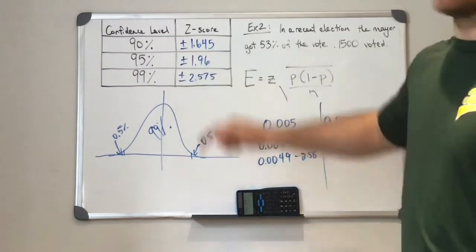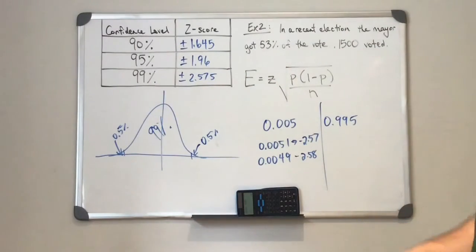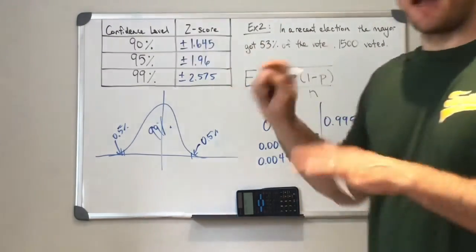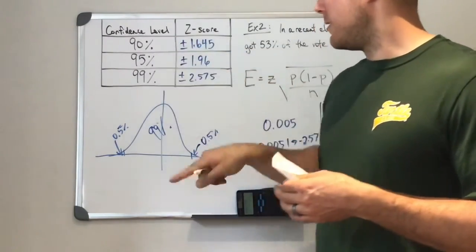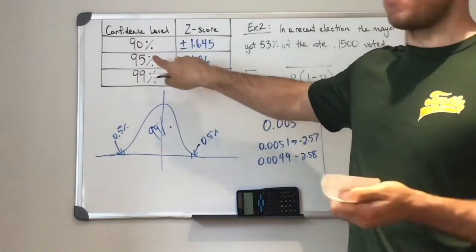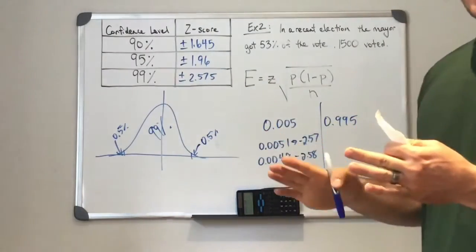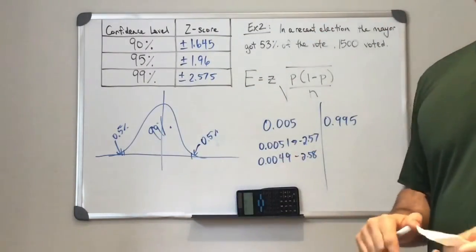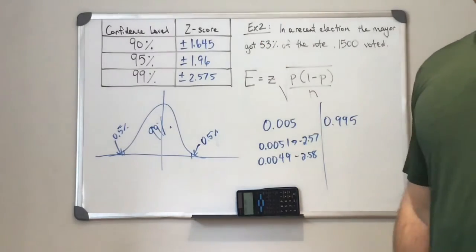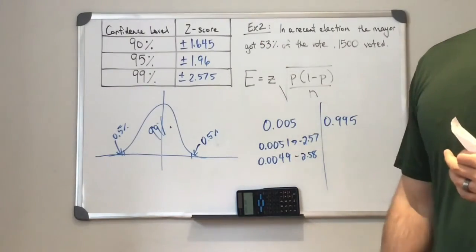So the 95% confidence interval, that one was exact from our table, and the other two we had to estimate. So just to go over it again, we're looking at the middle 90%, the middle 95%, the middle 99%. We use these endpoints here to help find our z-scores.